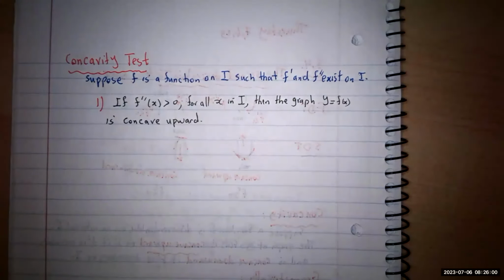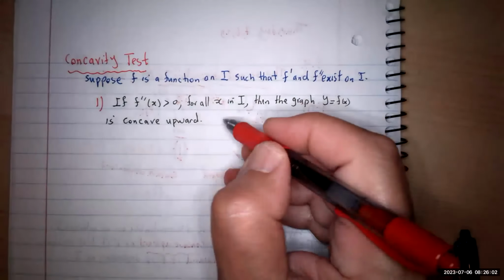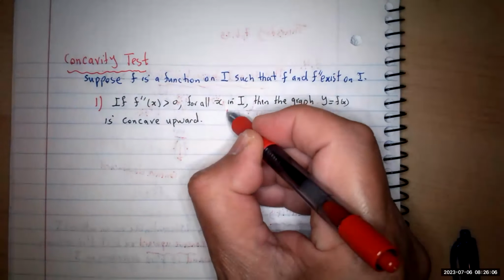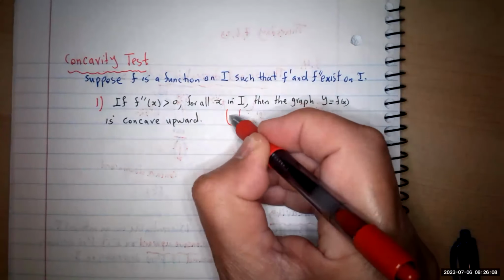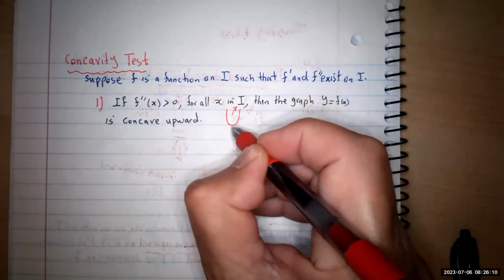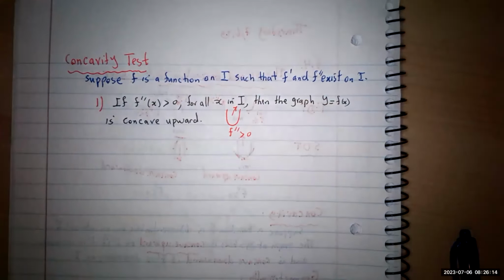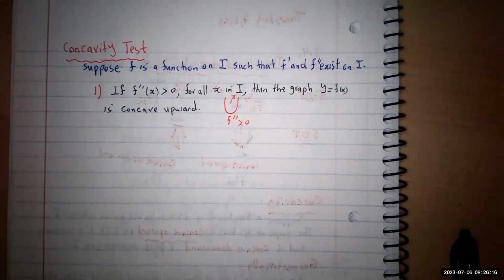So simply, this is what you have to check. You can write it down for yourself as your formula sheet. You see the graph upward. This is where f double prime is positive. So positive up. Any question?